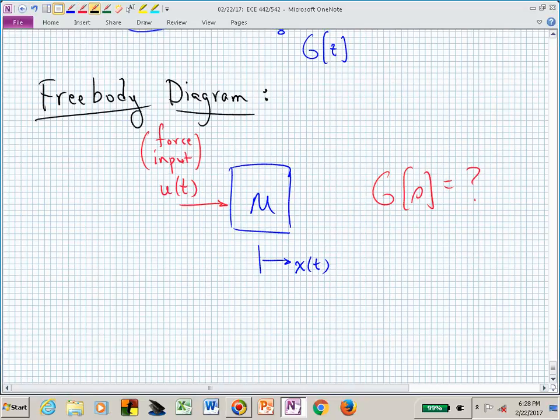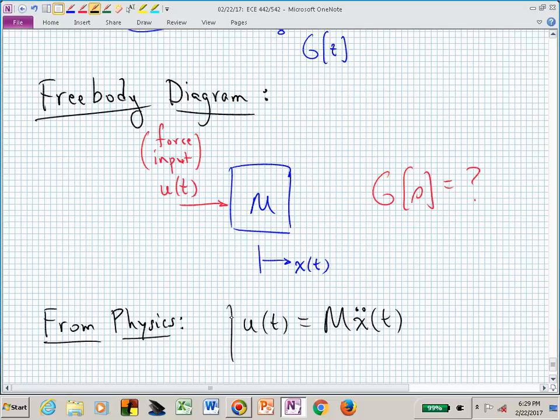What does physics tell us? Newton. What's he tell us? Force is equal to mass times acceleration, right? So that gives us some dynamics. We now know that U of T, the force, is mass times acceleration, and in terms of our position, the acceleration is just the second derivative of that position.